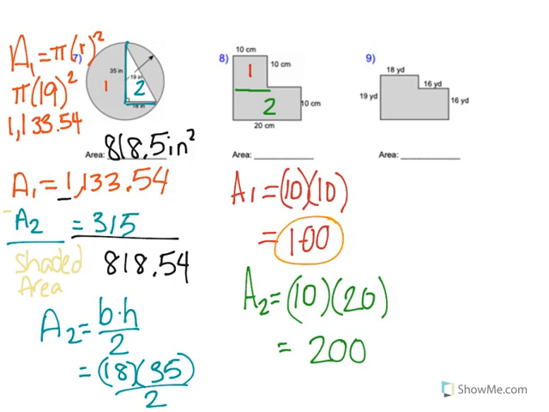Now what we're going to do, we're going to add these two together to get our total area of the shaded region, and that's going to give us 300 square centimeters. That is going to conclude our lesson today.